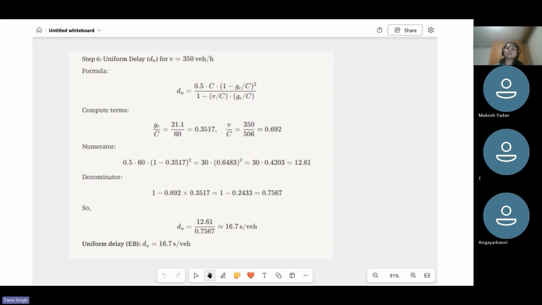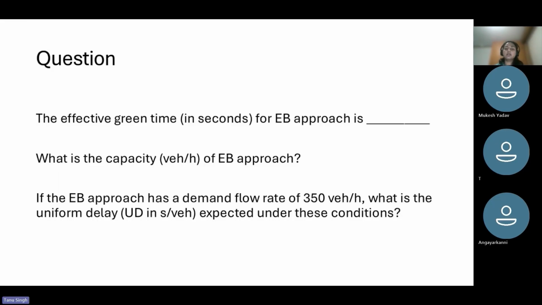Putting in the terms, g_e by C is equal to 21.1 divided by 60, whereas V by c is 350 vehicles divided by the capacity that we have calculated as 506. Putting all the values in, we finally get the delay as 16.7 seconds per vehicle. So this is the solution.